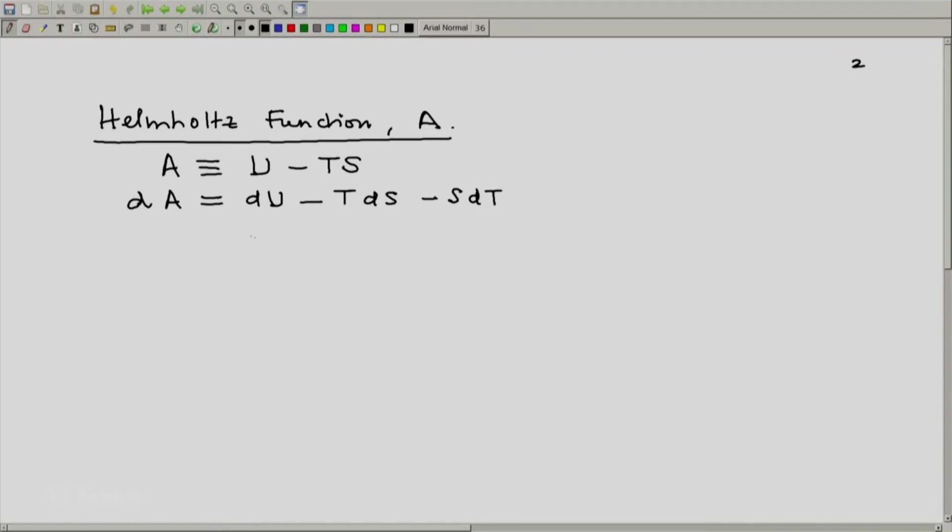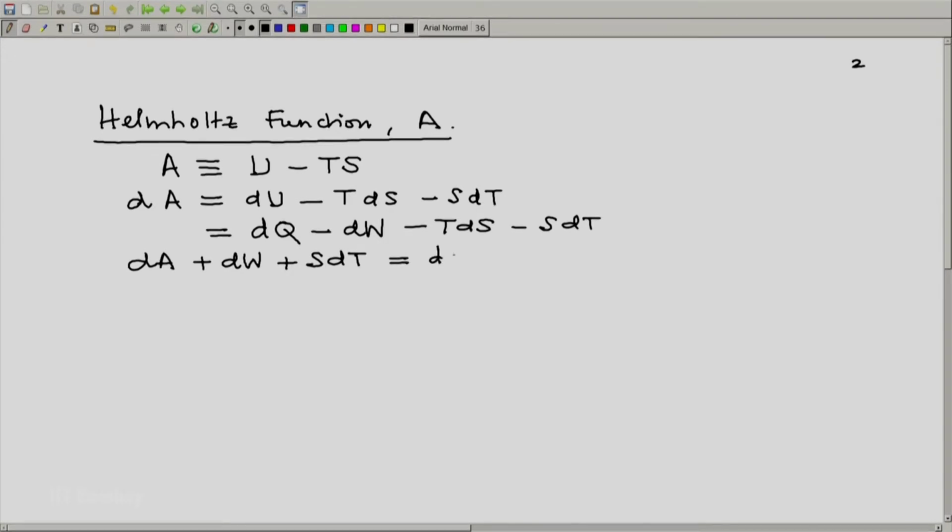Now replace dU by the first law. So this equals dQ minus dW minus TdS minus SdT. Transposing terms on the left hand side, we will get dA plus dW plus SdT, this will equal dQ minus TdS.